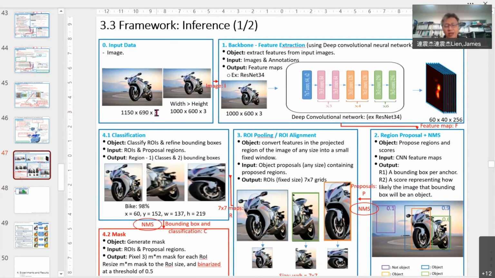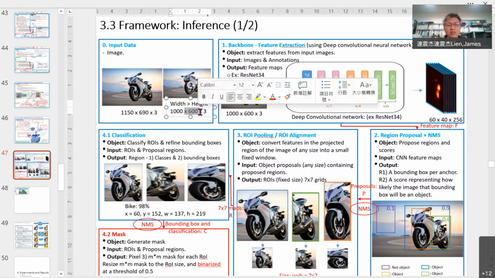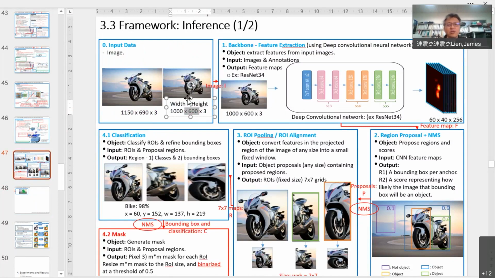And you normalize. In this case, not in all cases, in Mask R-CNN they normalize the shorter side to be 600. So after normalization, you input to the backbone for feature extraction. After the extraction, the image size becomes 60 by 40.